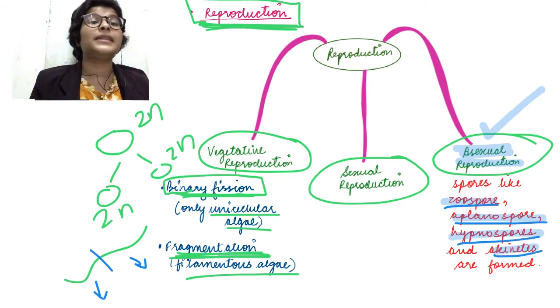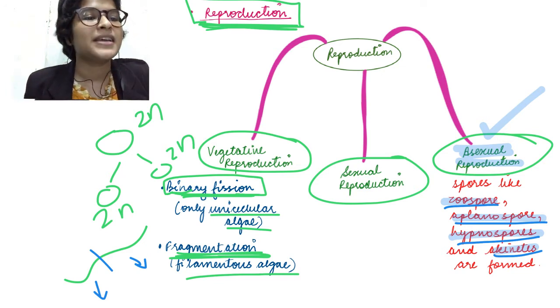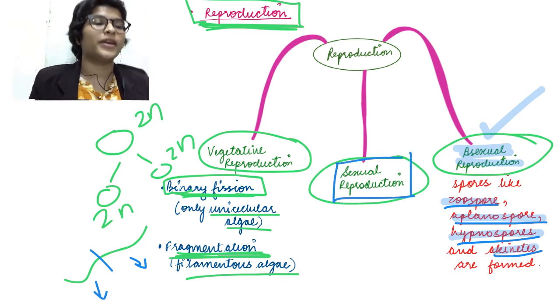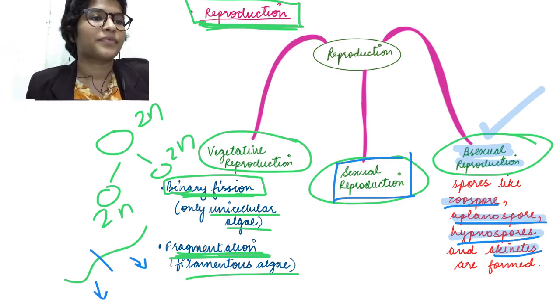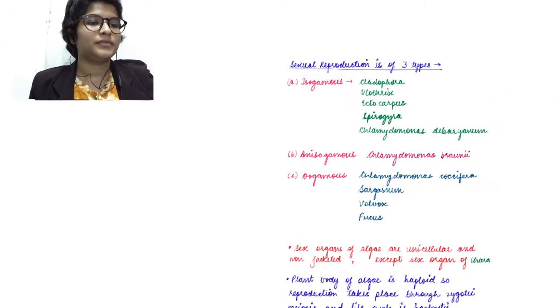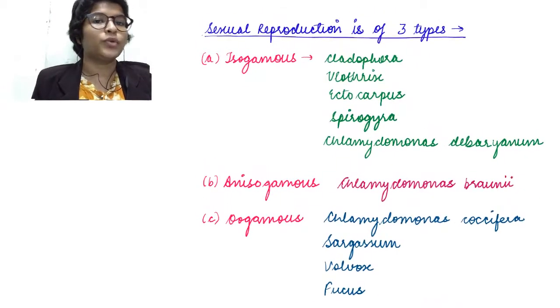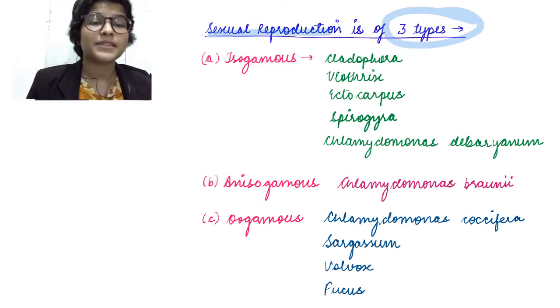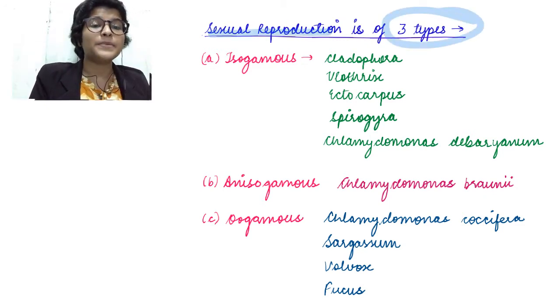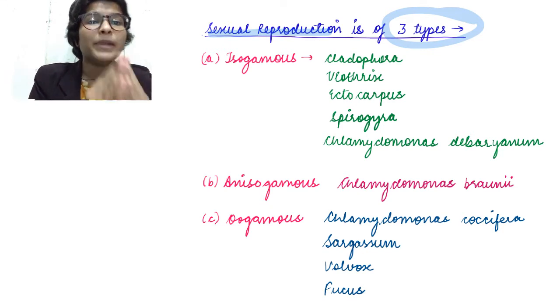And finally, the most complex type of reproduction, that is sexual reproduction. So, let us look at the details of the sexual reproduction. So, we see that in algae, sexual reproduction can be of three types. So, these three types depend upon the type of gamete formed.